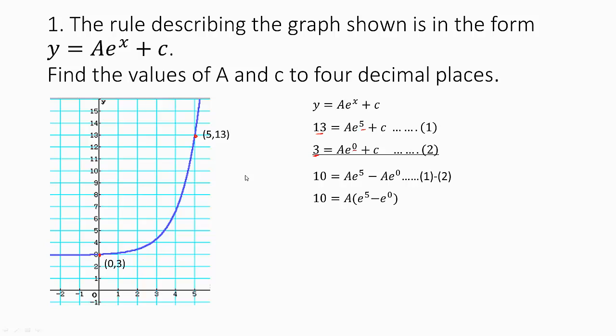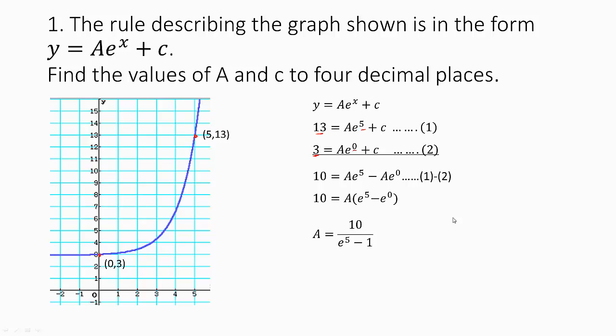What do you notice? I can take a out as a common factor, and I end up with e to the 0. E to the 0 we recognize as being equal to 1. So a equals 10 over e to the power of 5 take 1.